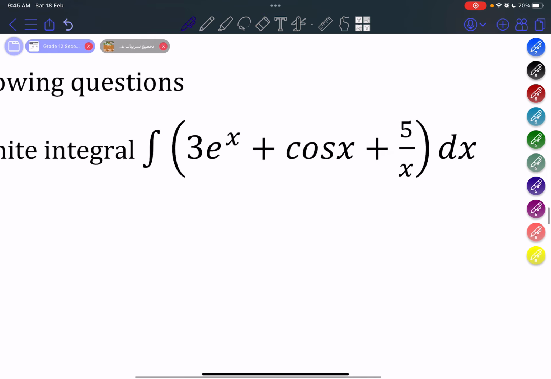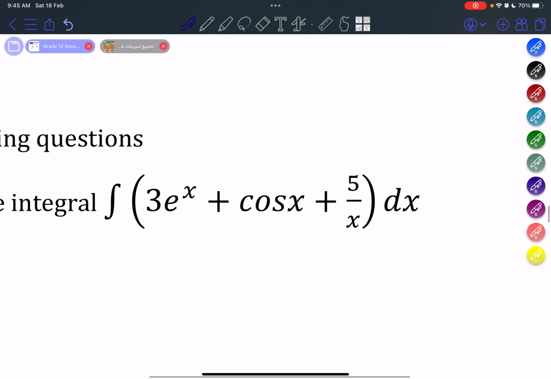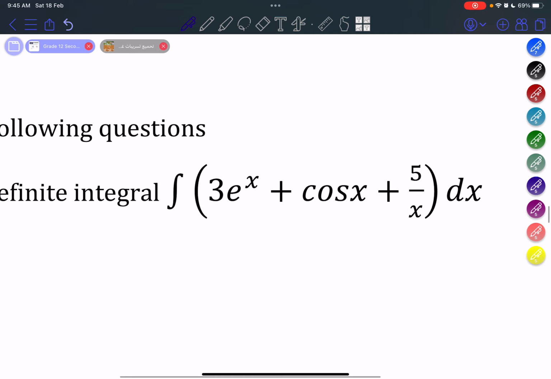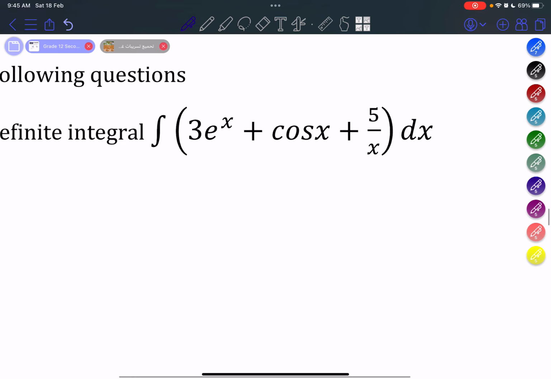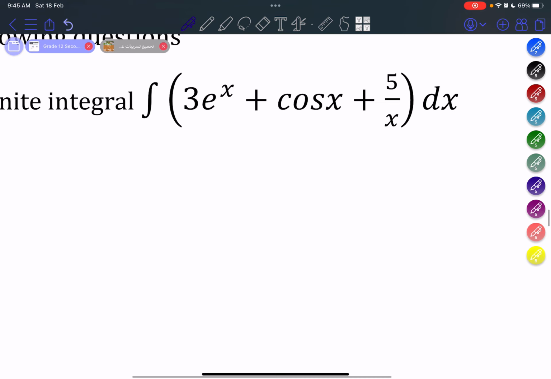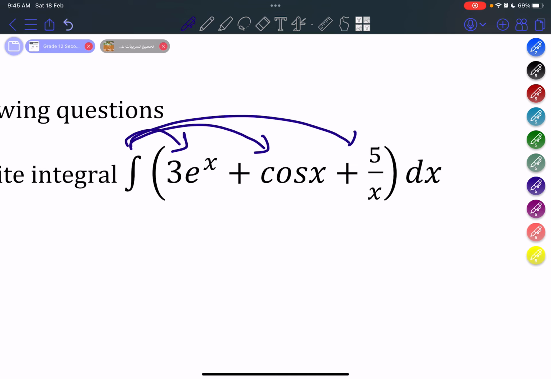So we may begin solving the question. So the indefinite integral, we will apply the first rule of the fundamental theorem of calculus. And actually, no, that doesn't apply. That only applies for definite integrals. So we will distribute the integral for each term here.